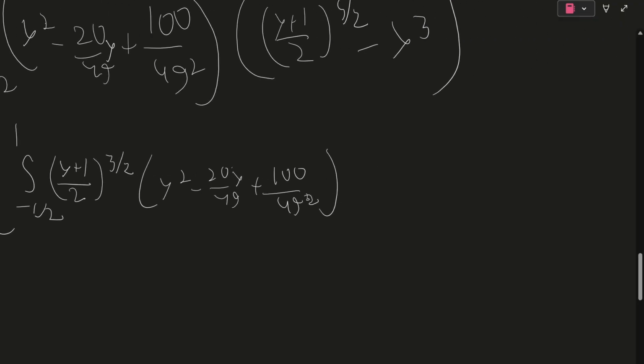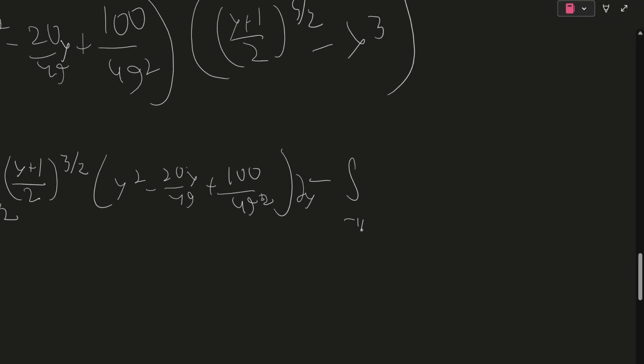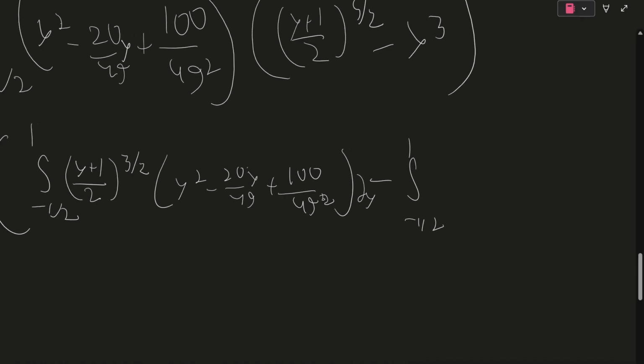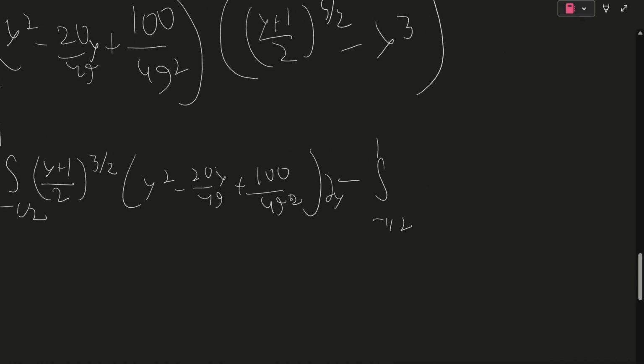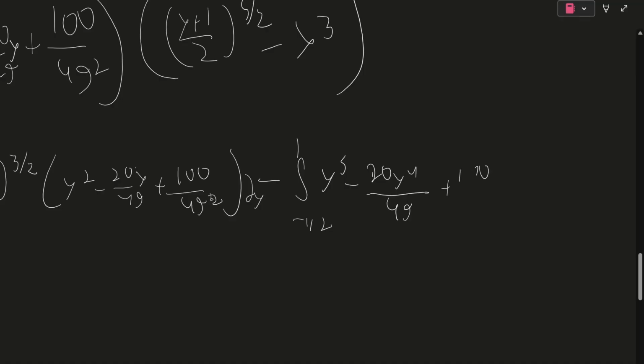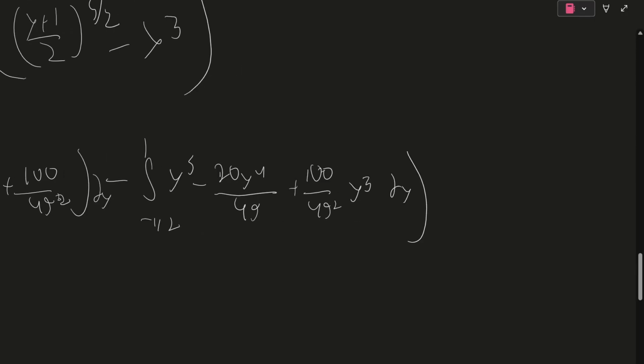And then we'll do minus the integral, also with respect to y, from -1/2 to 1 of y cubed times all those values, so this will become y to the 5th minus 20y to the 4th over 49 plus 100/49 squared y to the 3rd. So with respect to y.